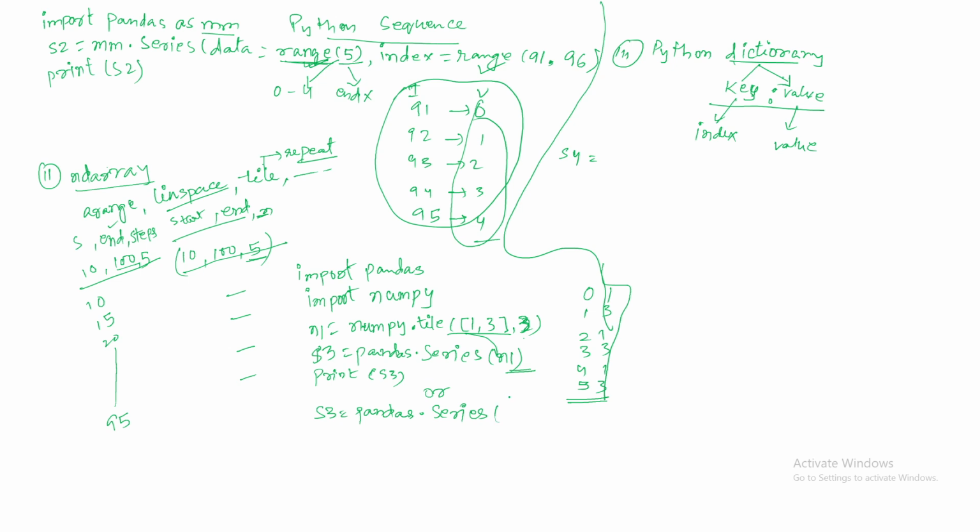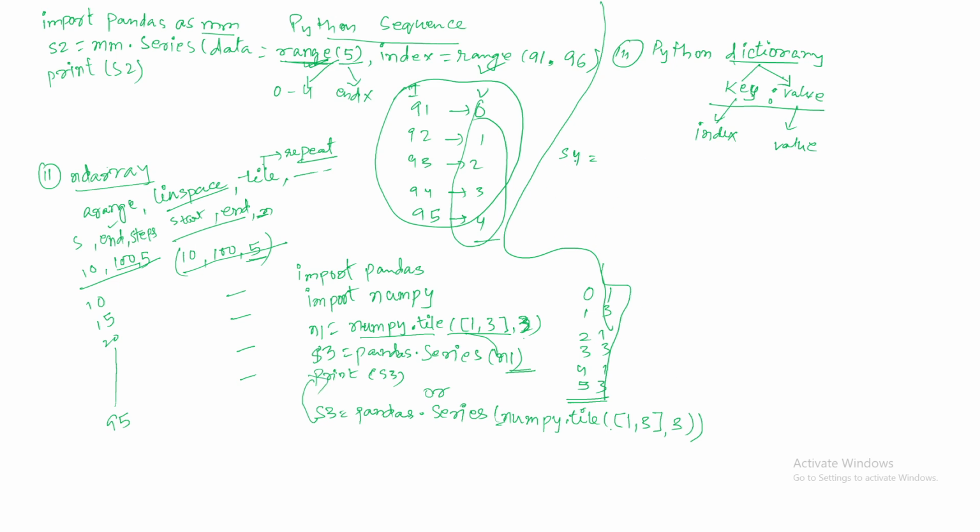Then in the data place, what will you write? numpy dot tile. Then bracket open, same process, 1 comma 3 comma 3 times. So this is the tile function bracket, and this is the series function, and then afterwards you can print s3. So the same result will be created.